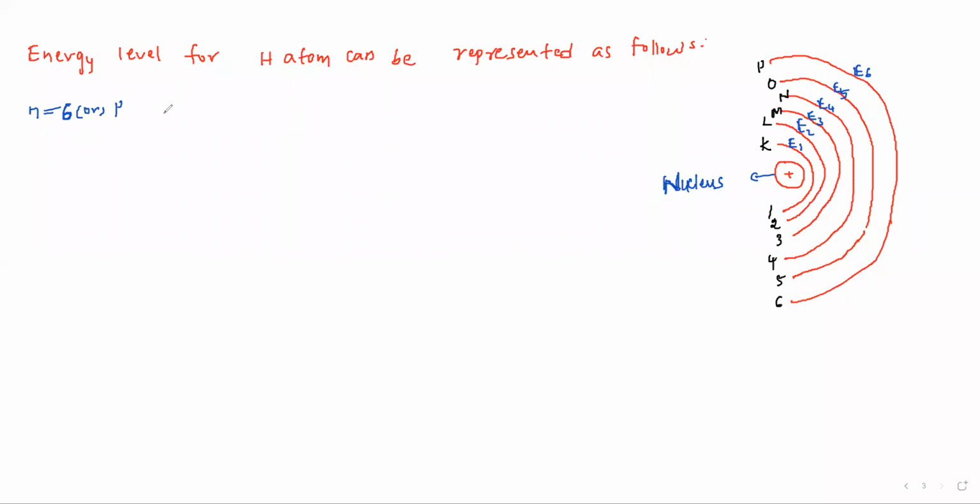By using this formula: minus 13.6 into Z square by n square electron volts. Here Z is the atomic number of hydrogen, 1 square, and it is the sixth shell, so 6 square. So we get minus 13.6 into 1 by 36, right?